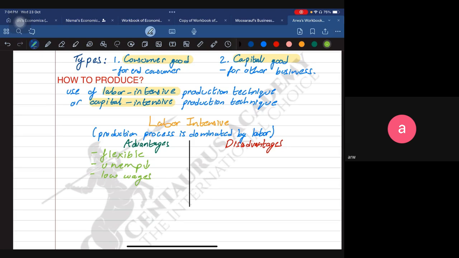If you consider the overall impact, not every type of labor is going to be inexpensive. The skilled workers are expensive, but generally for factory production, they have lower wages to give. Then one very important point: customized products.